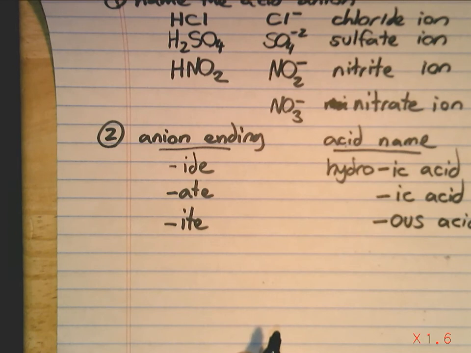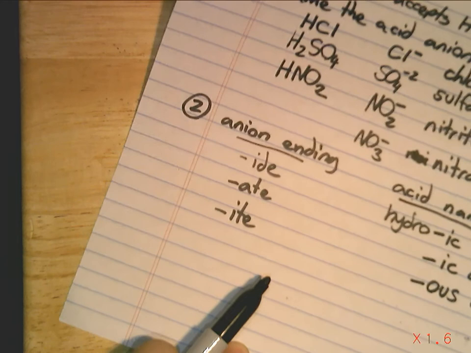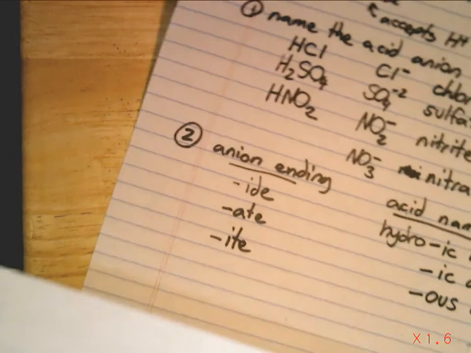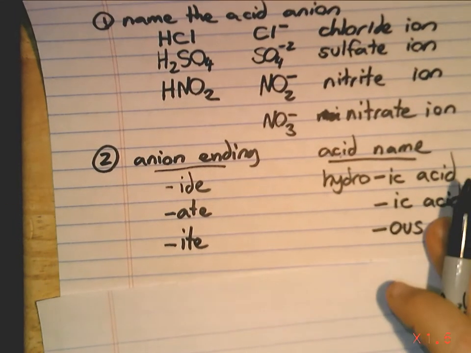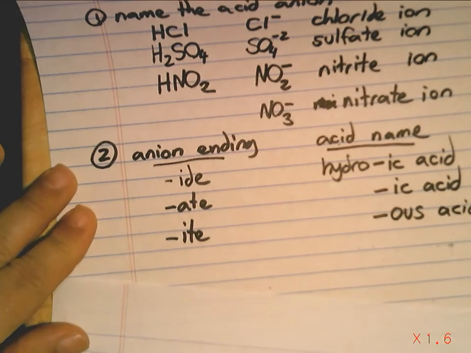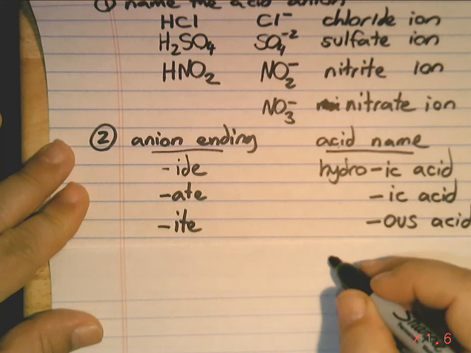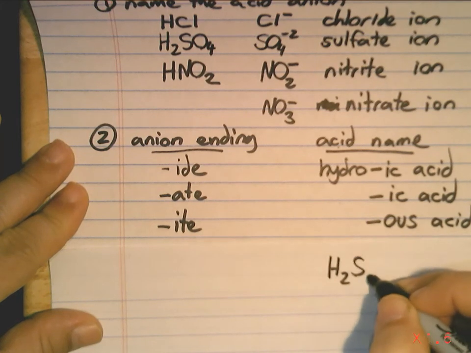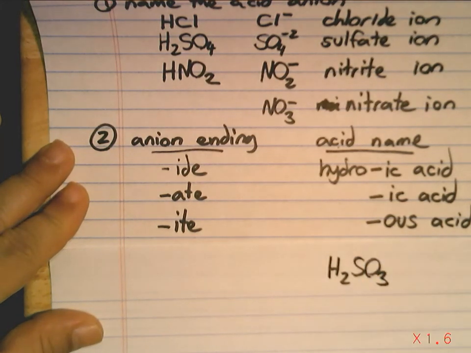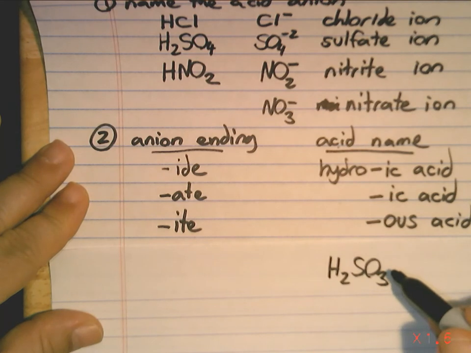Now, here is an acid that you will find sometimes in dried fruit. Now, let's look at the ion that's inside there.